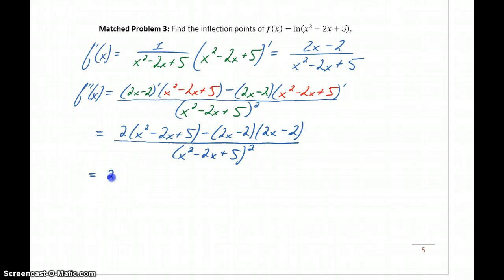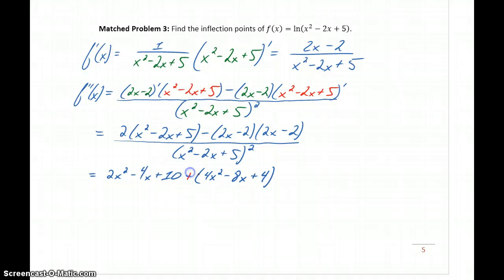So now we could distribute through. That's going to be 2x squared minus 4x plus 10, minus, expanding this out, 4x squared minus 8x plus 4.